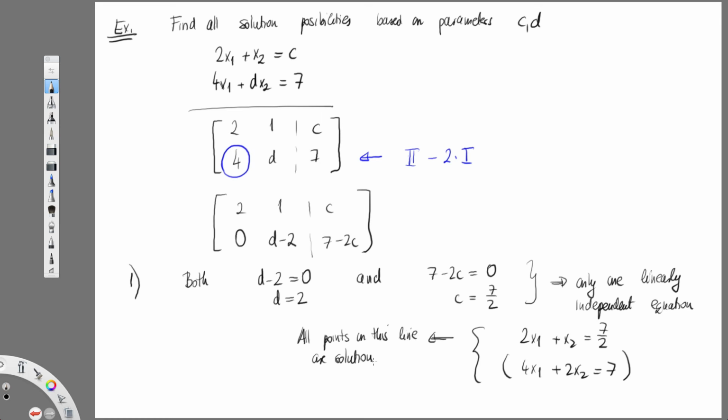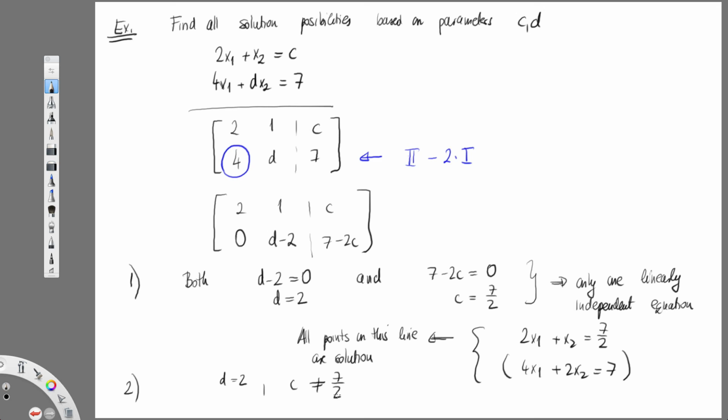Okay? Good. So now what's the case if one of these numbers is 0 and the other one is non-zero? Let's say that d minus 2 is 0, so d is equal to 2, and my c is not 7 over 2, it's something else.